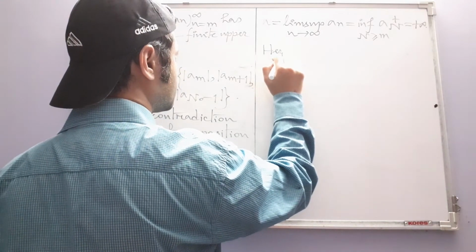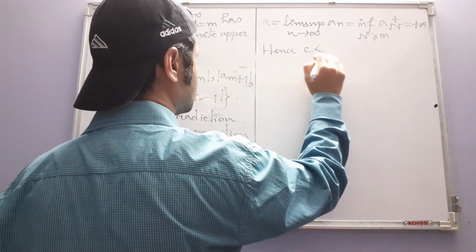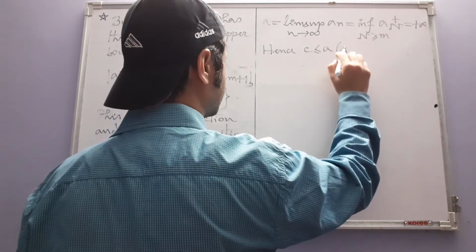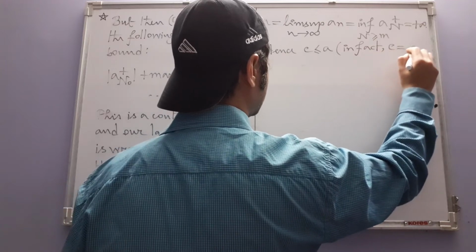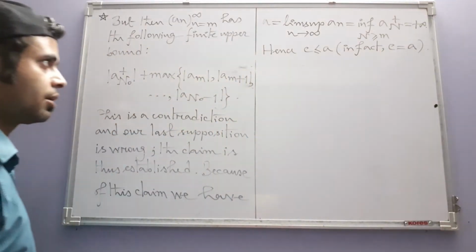Hence, in this case also C is less than or equal to A, and in fact C is equal to A, and both of them are plus infinity.